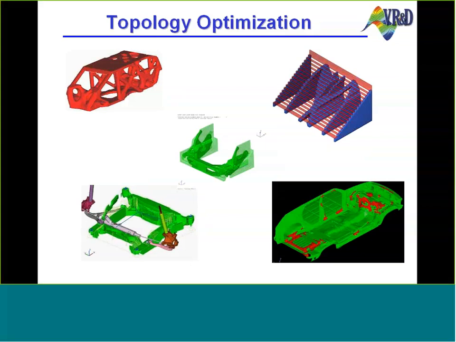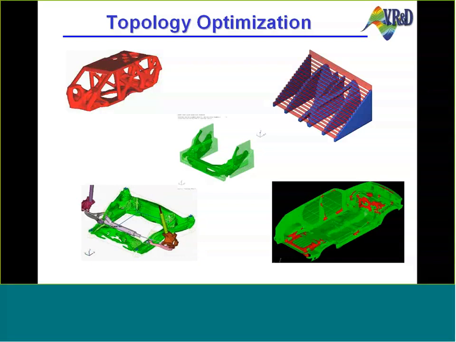So the first optimization that I would like to consider is topology optimization. Topology means that we are going to be given a design space which is going to be filled with elements, and our goal is to try and select the fraction of the elements within this design space that will be the best for our particular objective.